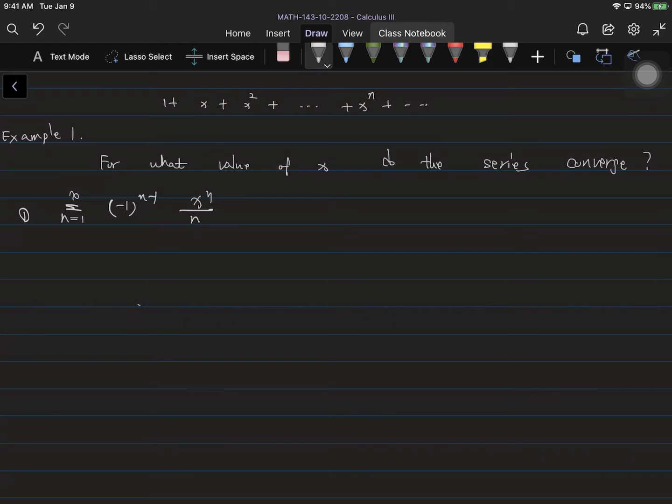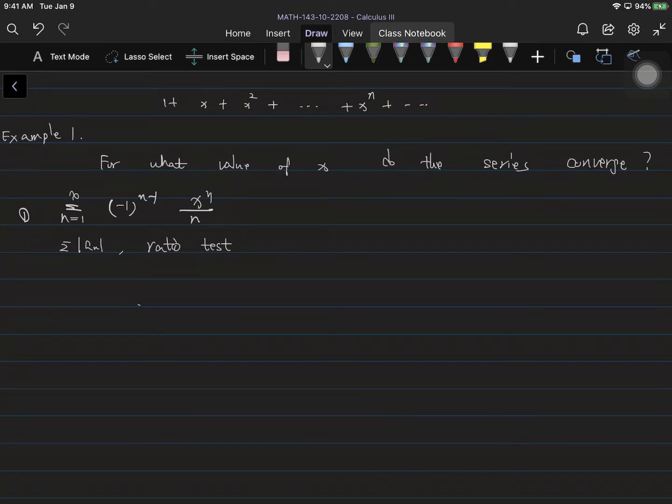We are going to test the series for absolute convergence. Here we like to use the ratio test. You can also use the root test, which also works for this problem.